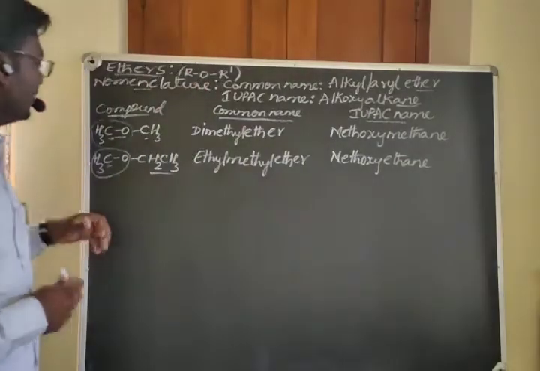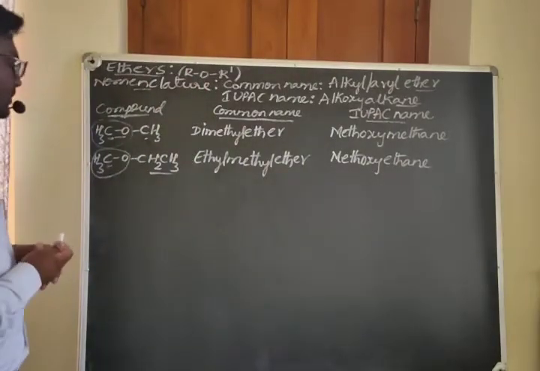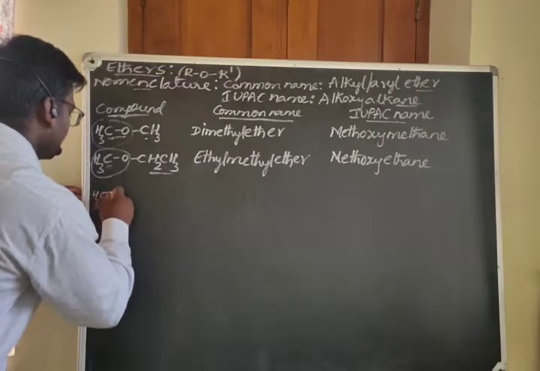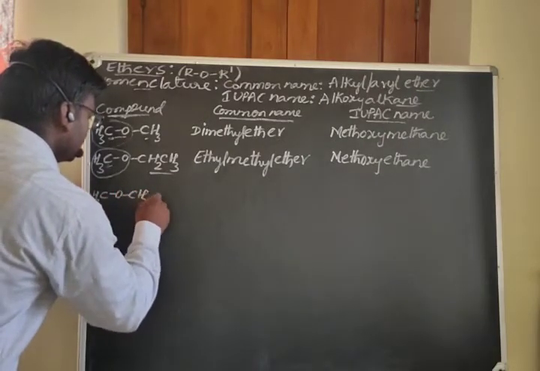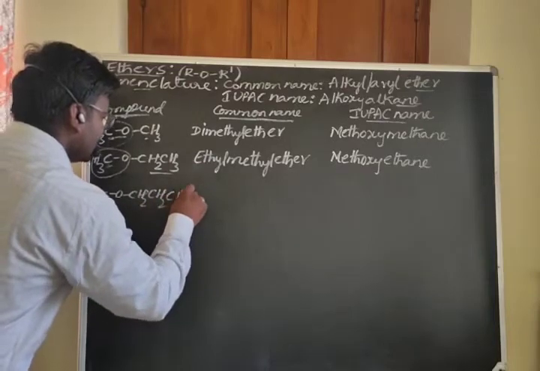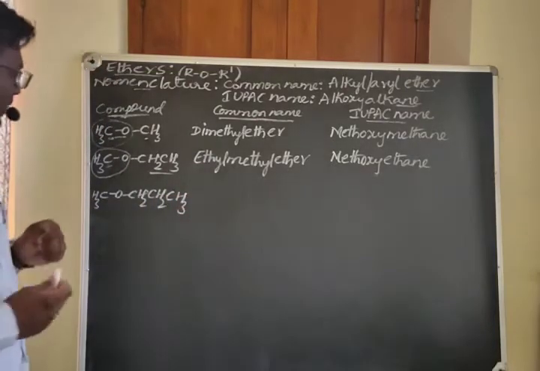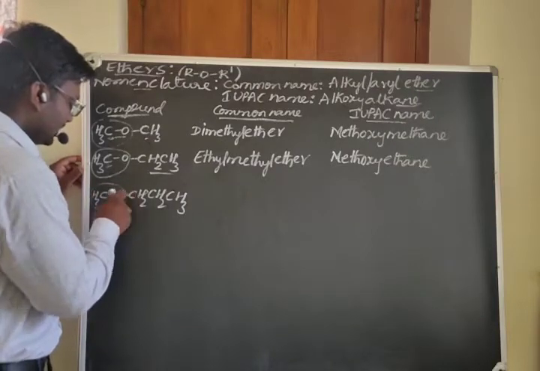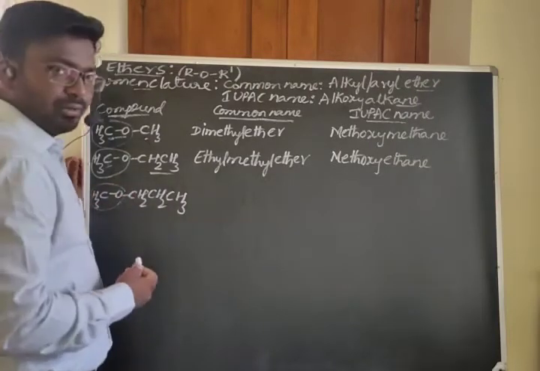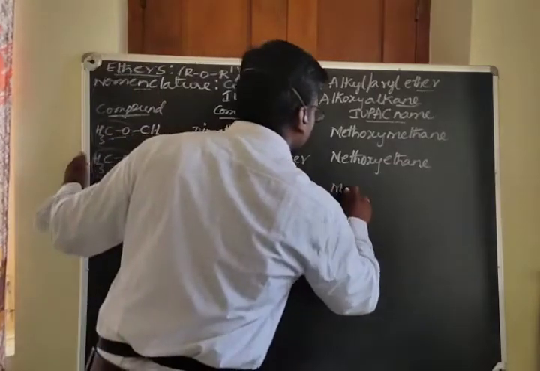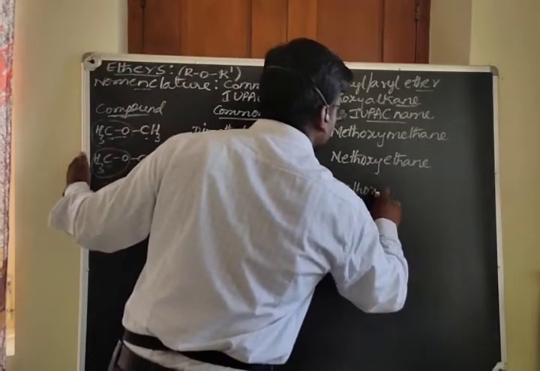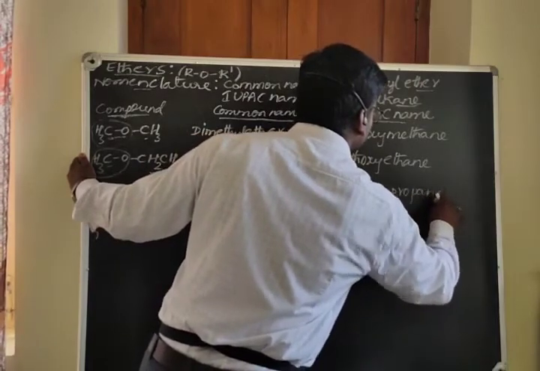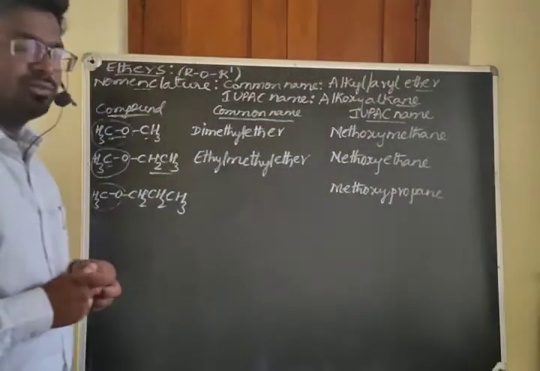Let us go for another compound, CH3OCH2CH2CH3. Here again it is the methoxy group, and this is propane. The IUPAC name is methoxypropane. It is very simple to give the IUPAC and common names for ethers.